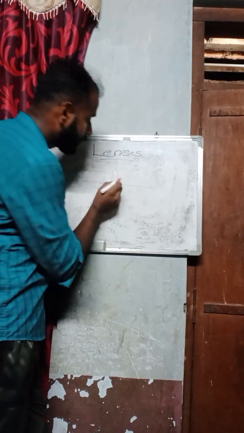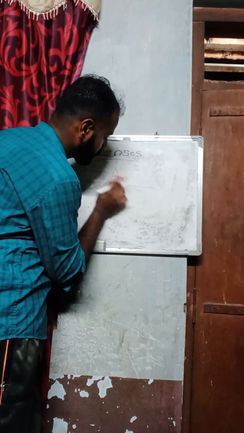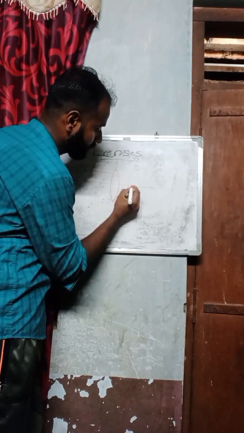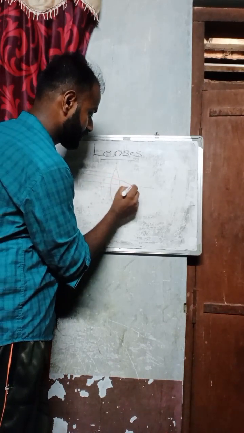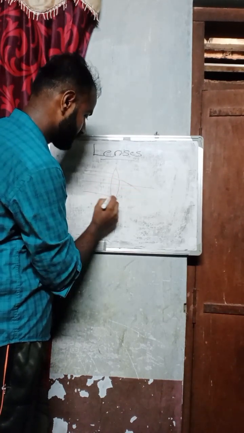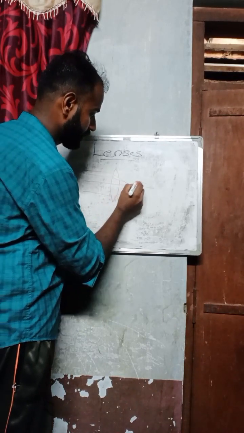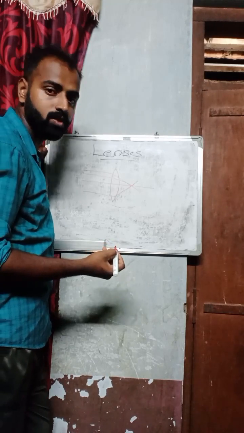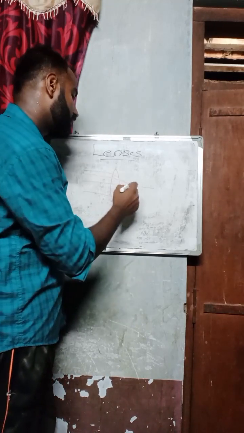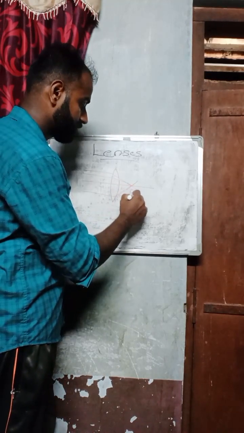After that, it passes through a point in the principal axis. If all light rays are passing through this point after refracting, it is converging to a point in the principal axis. This point is called my focus, the first focus.